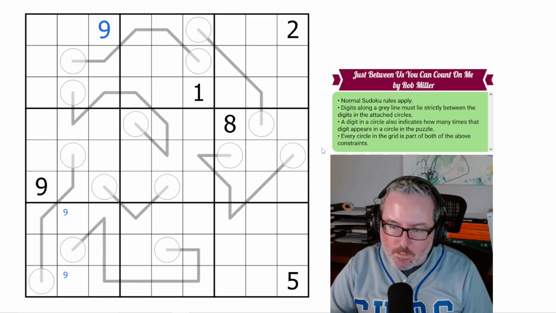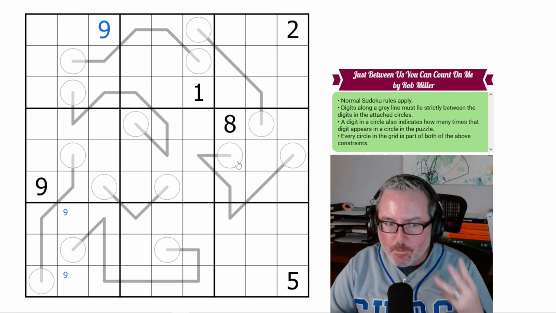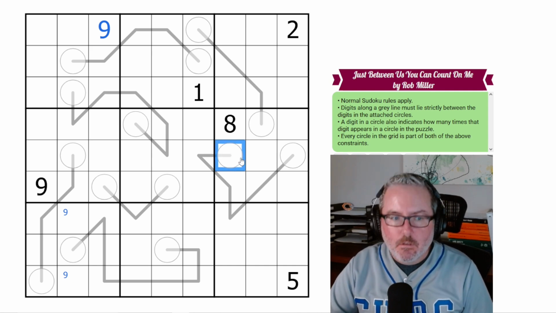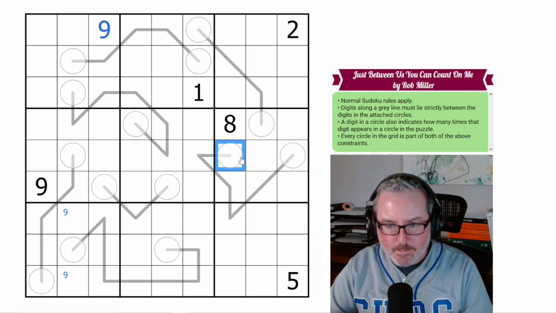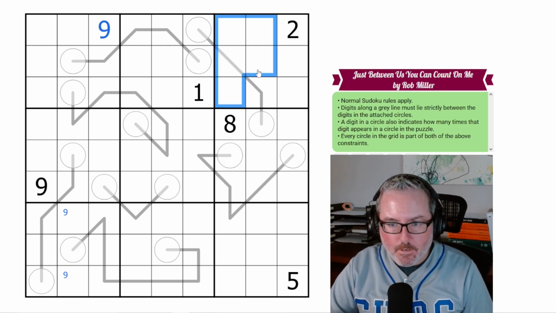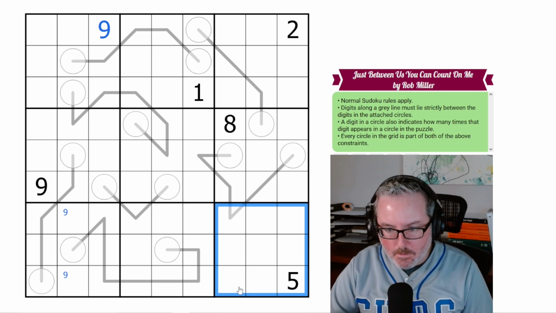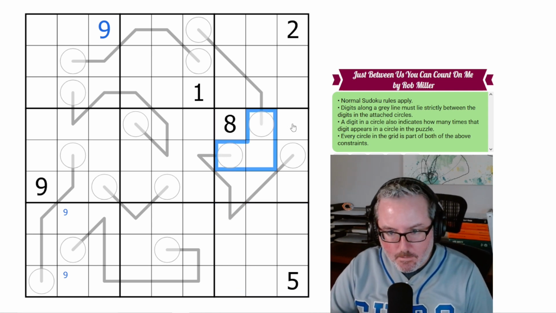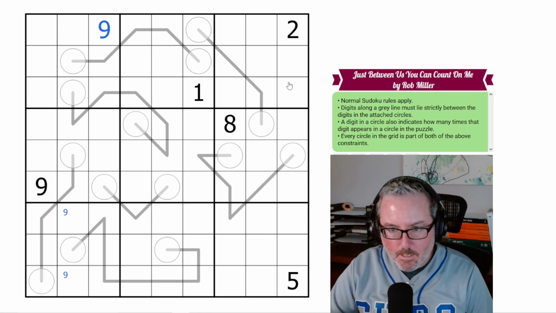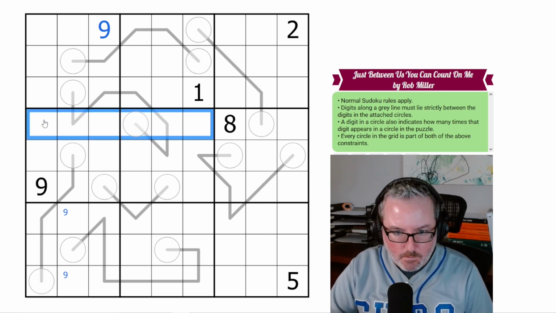Now, the other thing was an 8. If we were to have an 8 in any of the circles, we would have to have 8 other regions that have a circle that can accept an 8. Now, we already know that these two don't have any circles in them. And we have an 8 here that sees this one, so none of these could be an 8. So we already got 3 of the 9 that are removed from possibility. So that means that you cannot have 8s in any of the circles as well.